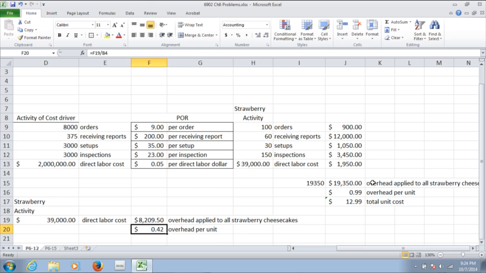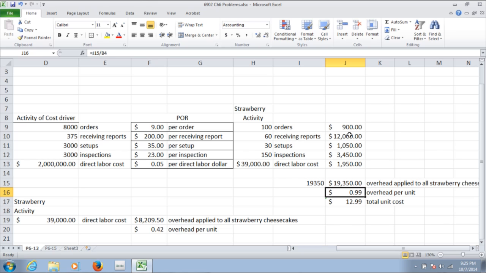Well, notice that this 42 cents per unit is less than half of the overhead per unit under activity-based costing. So there's something about the production of strawberry cheesecake that's not being picked up by a volume-based measure like direct labor dollars, and that level of difficulty is being picked up through activity-based costing.